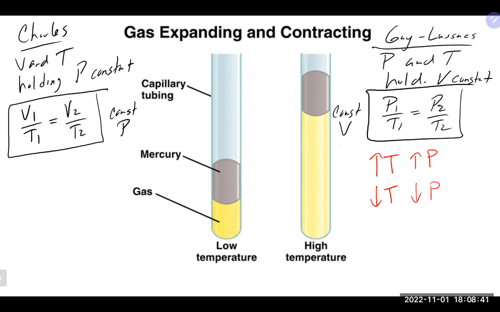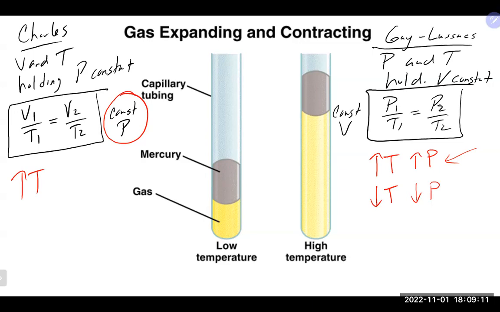Now, when we get to Charles's law over here, where we have constant pressure, but the volume is not fixed, the way it's able to maintain the pressure is by adjusting the volume. So when we have Charles's law, as we increase the temperature, much like we saw over here, we will have gas molecules flying around a lot faster. The difference in Charles's law is the volume is not fixed.